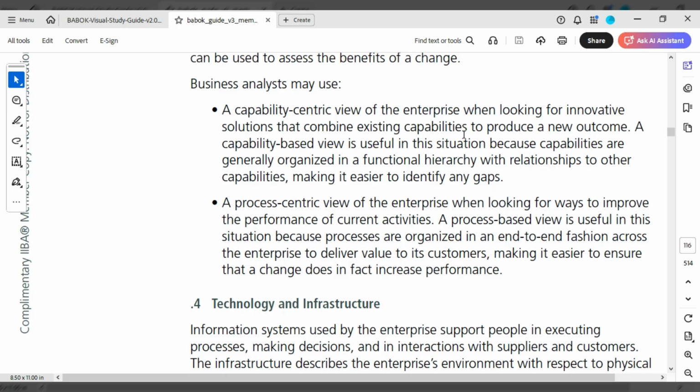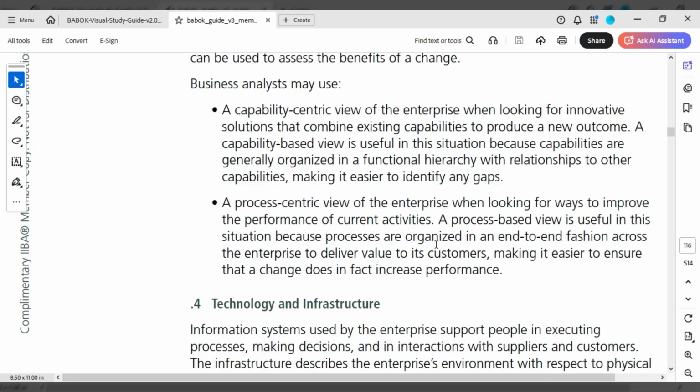A capability based view is useful in this situation because capabilities are generally organized in a functional hierarchy with relationships to other capabilities, making it easier to identify any gaps. So you can do a capability centric view of the enterprise to know what they are capable of, what they have currently, what they can do. Then a process centric view of the enterprise when looking for ways to improve the performance of current activities.